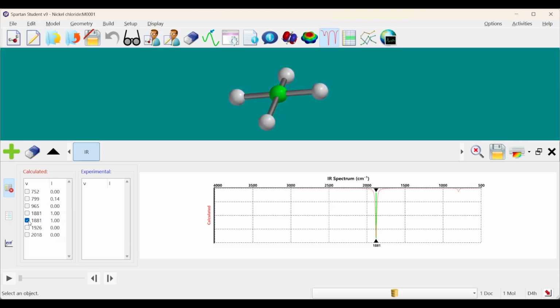I can also change this. This is a torsion, twisting it in and out of plane. This is twisting it in and out of plane. And this is making the angles bigger and smaller. So those are some of the different things that we mean by bends versus stretches versus torsion.